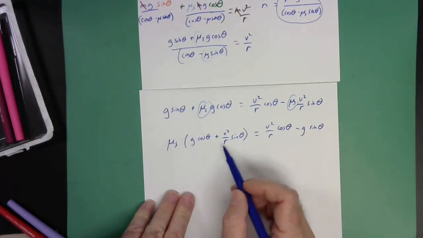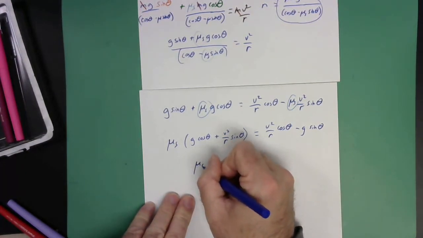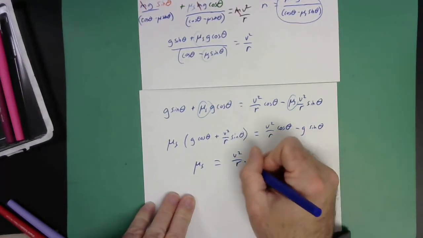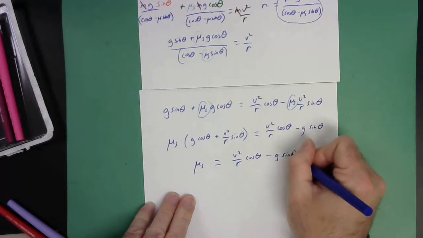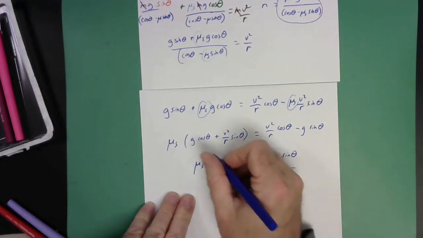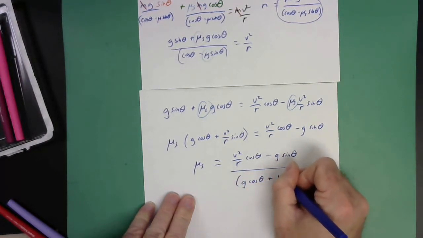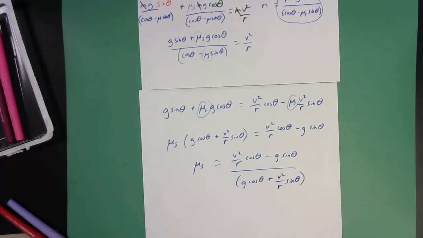Now, to get the mu by itself, I can just divide through by this whole bit in parentheses. So my mu, at last, is v squared over r times the cosine of theta minus g sine of theta, all over g cosine theta plus v squared over r sine theta. Ta-da!